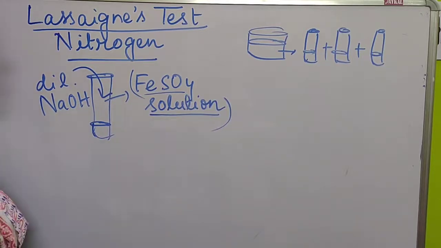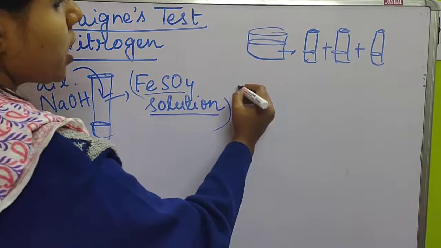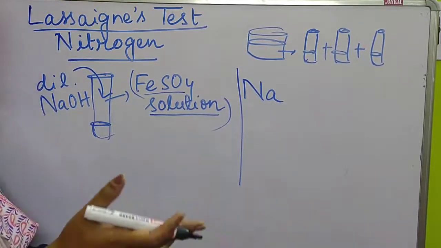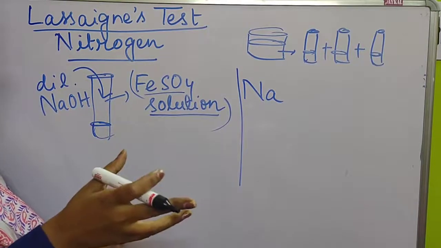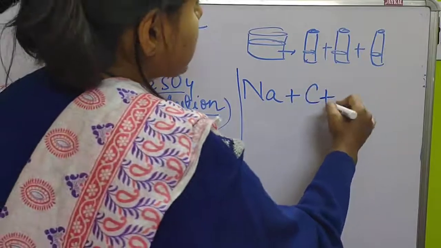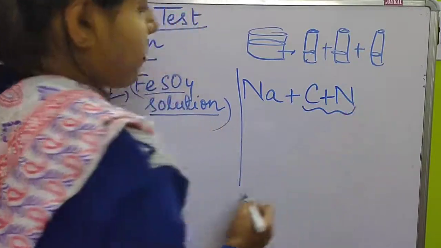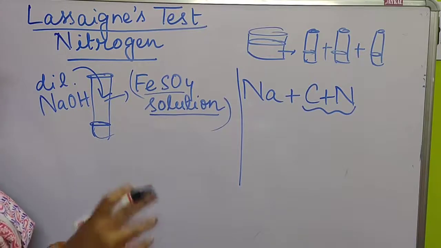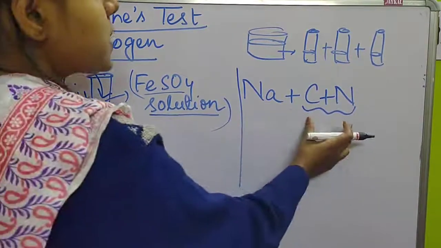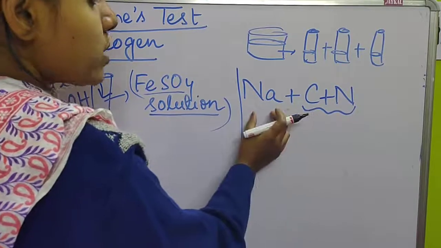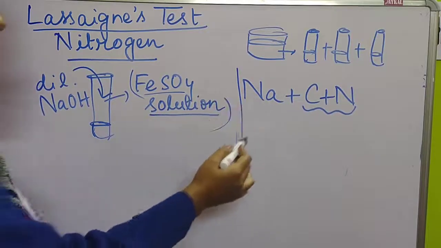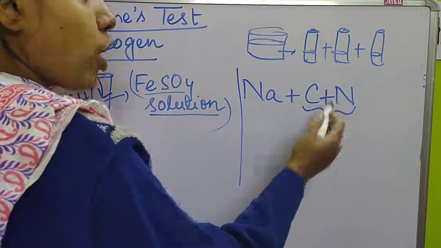Now one thing that I have missed to tell: whenever we are reacting those organic compounds with sodium, if the organic sample contains only carbon and nitrogen, whenever it reacts with sodium during the Lassaigne test, here we have taken sodium metal and then we mixed it with the organic sample.